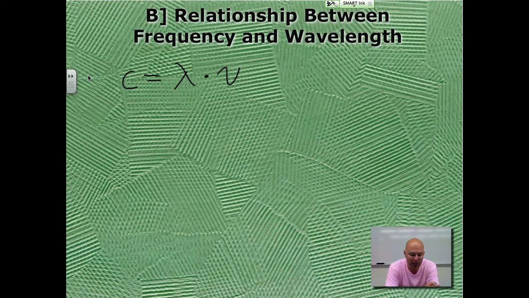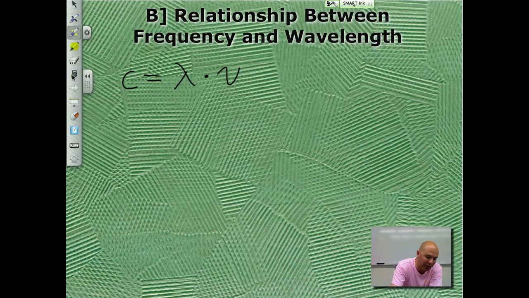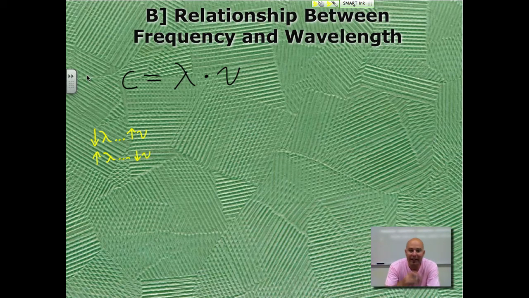Since as one goes up, the other one goes down, if you have a short wavelength, you've got a high frequency, and you're multiplying one low number by a high number, and that equals the constant. So it makes sense that the speed of light is a constant, frequency and wavelength multiplied together.